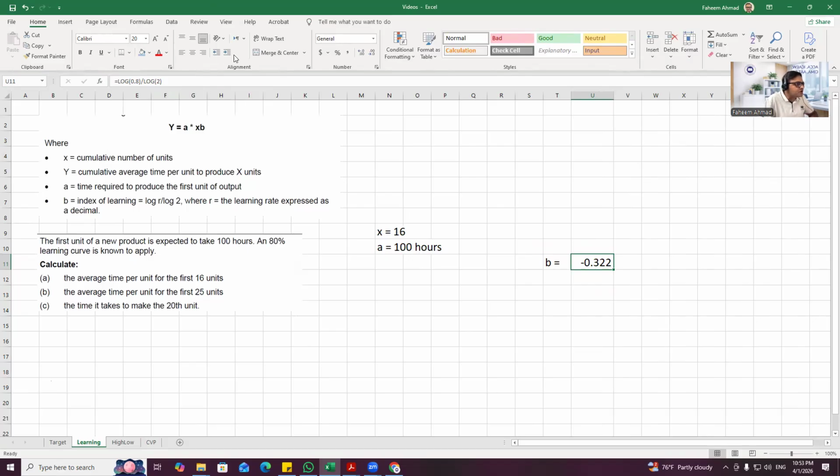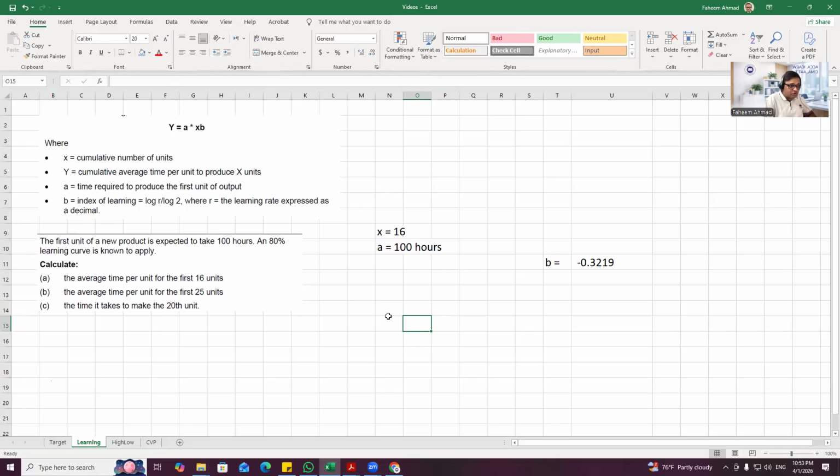I will work up to 4 decimal places. Okay, so I got B as negative 0.3219.